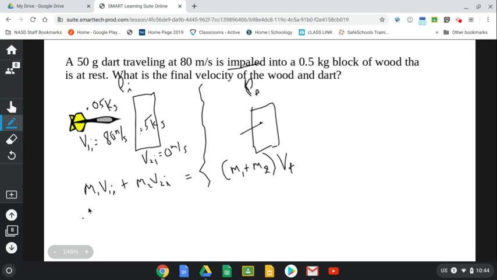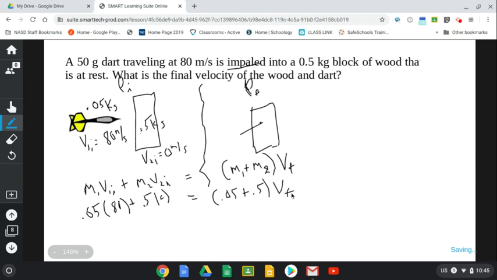So 0.05 times 80 plus 0.5 times 0. That's going to be 0. Equals 0.05 plus 0.5, vf.